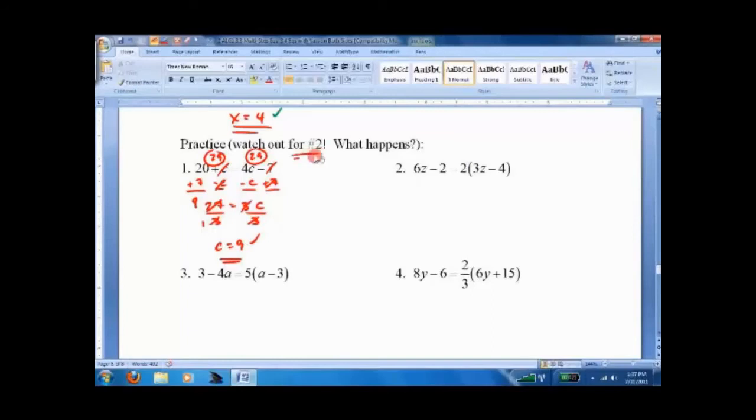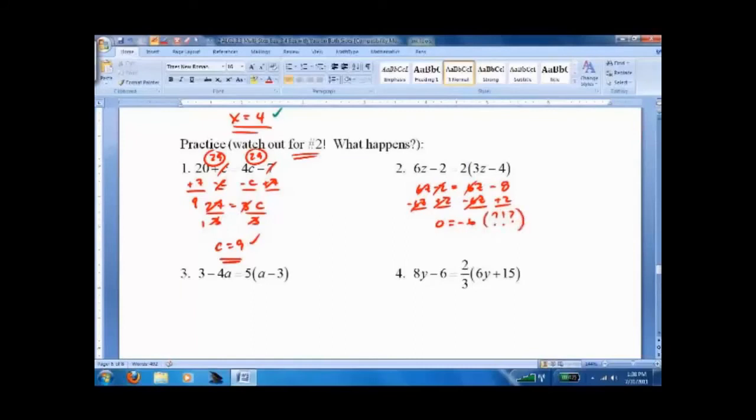Now I made a note here. Watch out for number 2. Let's see what happens. 6z minus 2 equals 6z minus 8. Subtract 6z from both sides. Add 2 to both sides. And we have a lot of things canceling here. We end up saying 0 equals -6. What?